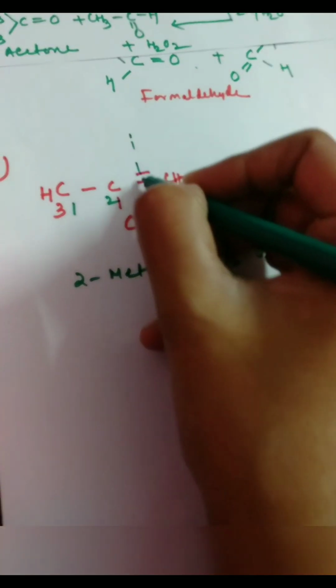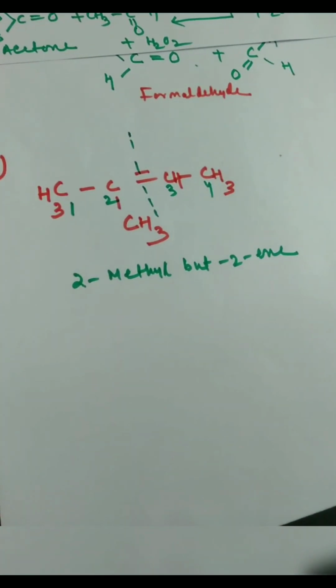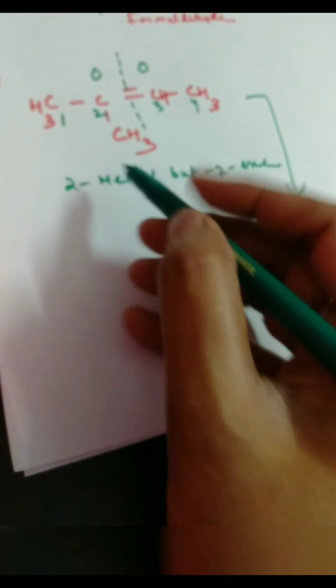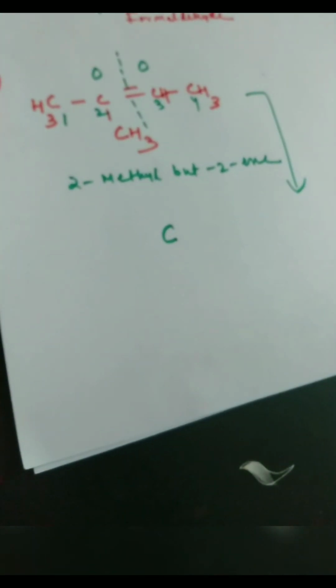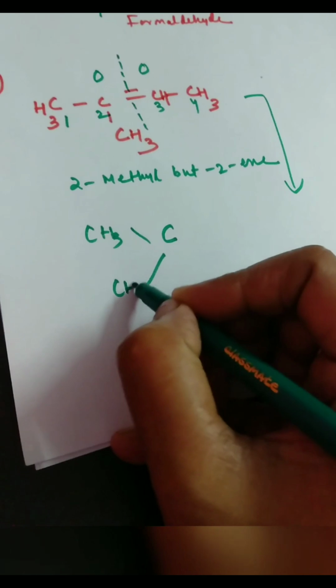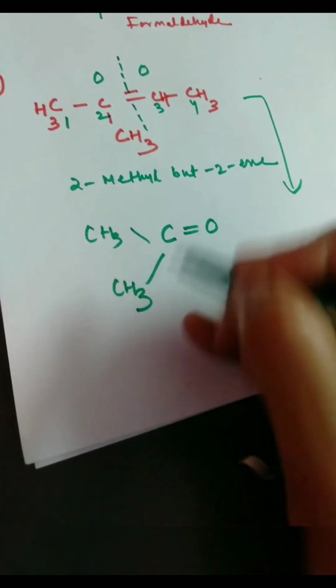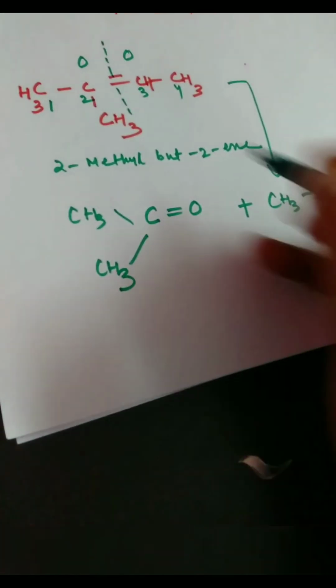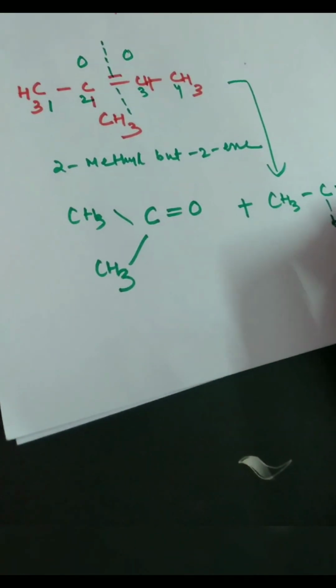We cleave the carbon-carbon double bond. You break this bond and put oxygen here, and oxygen here. Now how will you write the products? First of all, to this carbon two methyl groups are attached, CH3 and CH3, and this oxygen is attached to the carbon by a double bond. Similarly here CH3 CH, and this oxygen is also attached to the carbon by a double bond.